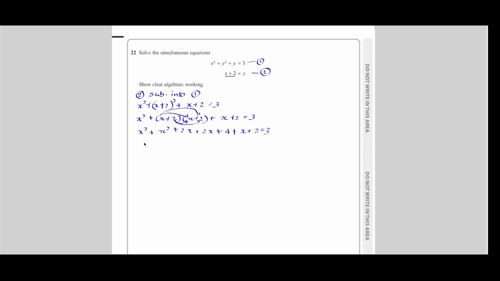Here x squared plus x squared, when the powers are the same, we simply add the numbers in front of them. So here invisible 1, then 1 plus 2 becomes 3. Simply write whatever it follows.